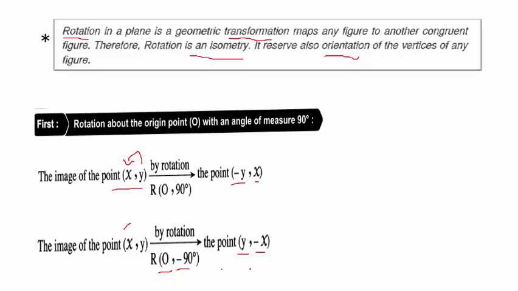X moves to the place of Y with a negative sign, and Y moves to the place of X with its sign.